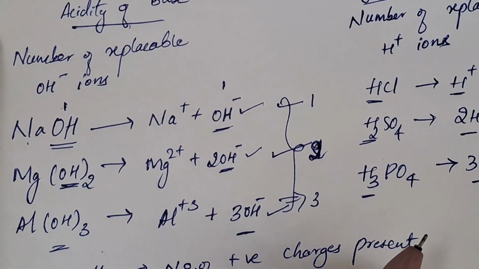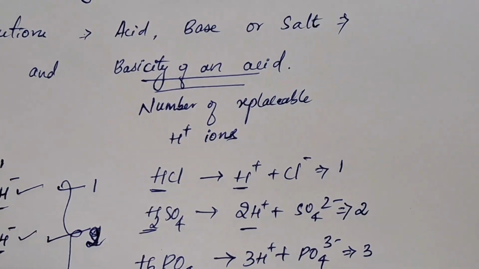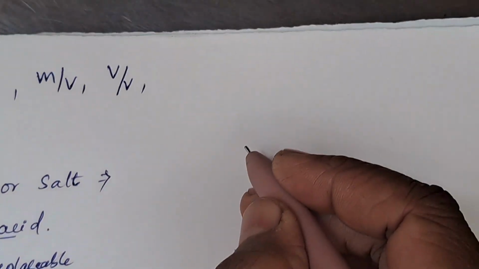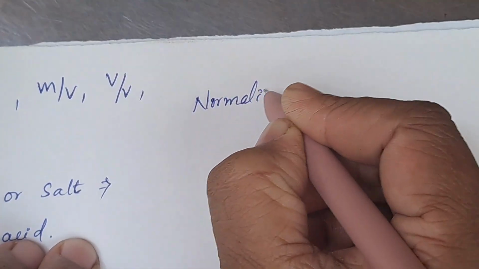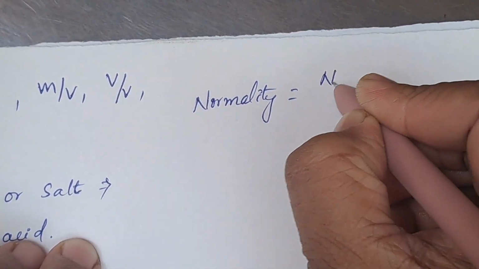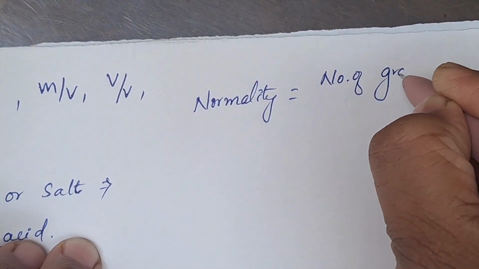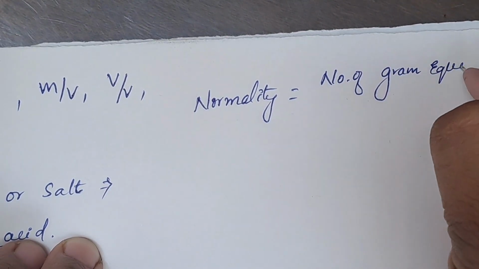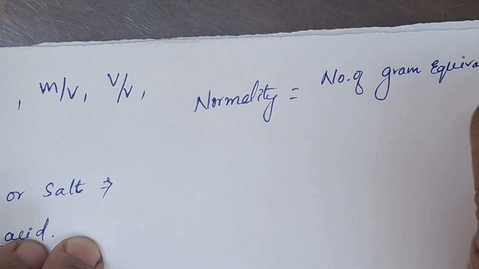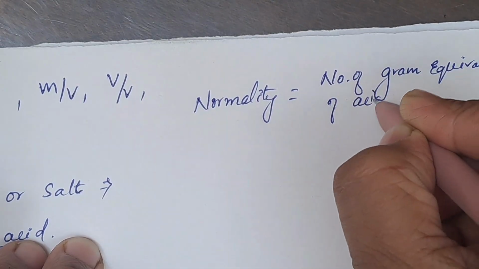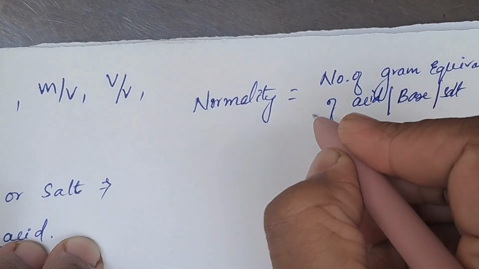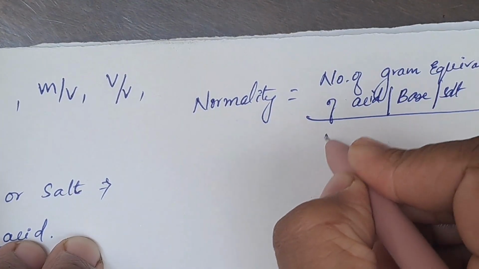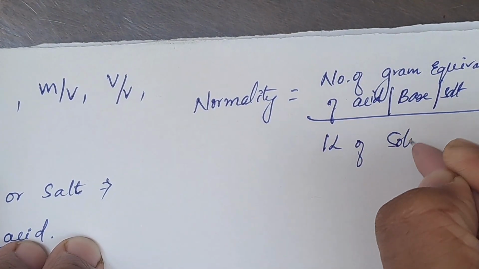Now how is this related to normality? Normality of a solution is defined as the number of gram equivalents of acid, base or salt in 1 liter of solution.